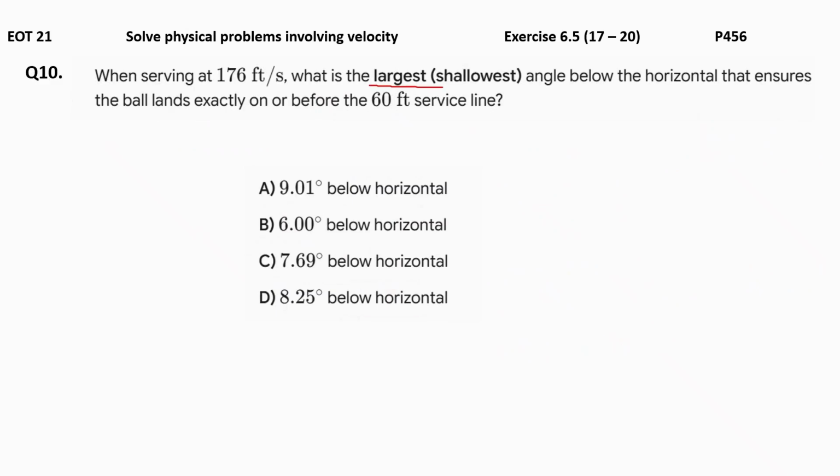Even though it's of the largest angle, the formula remains the same. This time your x value is 60, V is 176, your y naught will be 10 only, and theta is missing, and your y is 0. Okay, the height doesn't have because it already lands. So y remains 0.